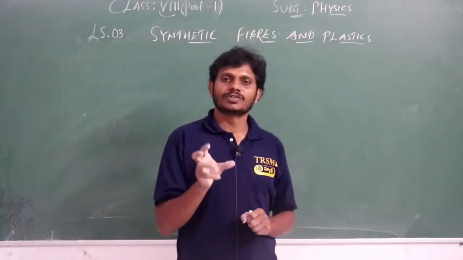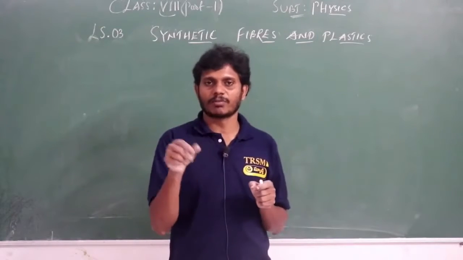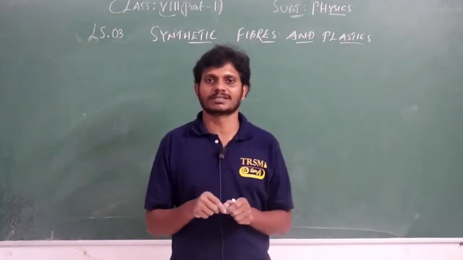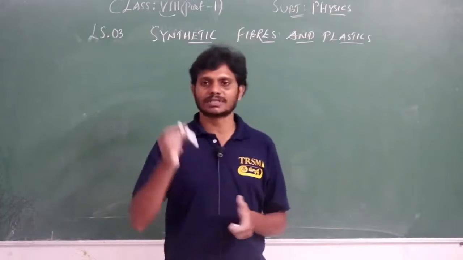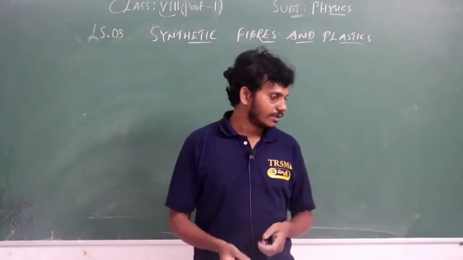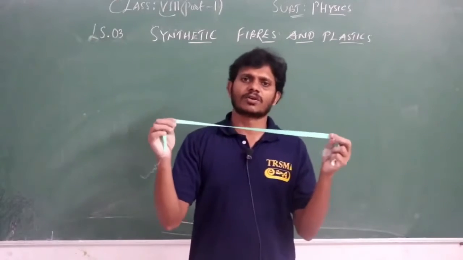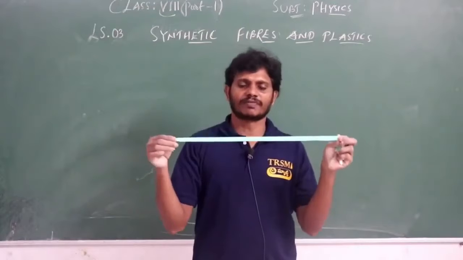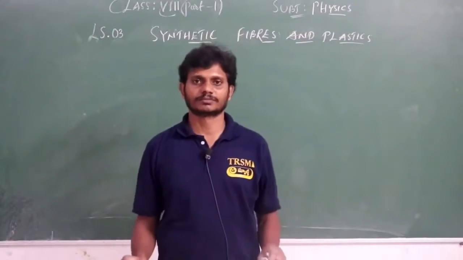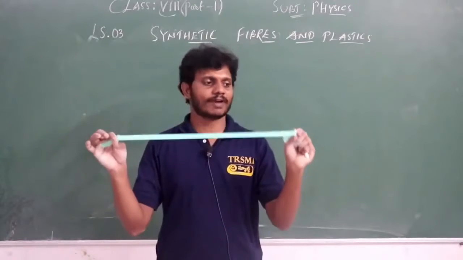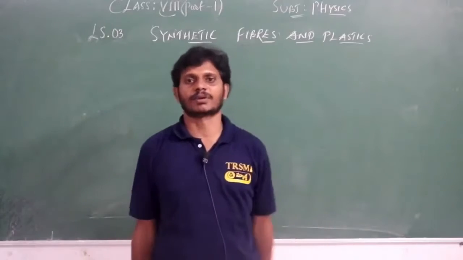Let's observe which type of fiber the sample given to you is. Any sample or any type of fiber handed to you. For example, this is the fiber given to me. I need to find out whether it is a plant fiber, an animal fiber or a synthetic fiber.